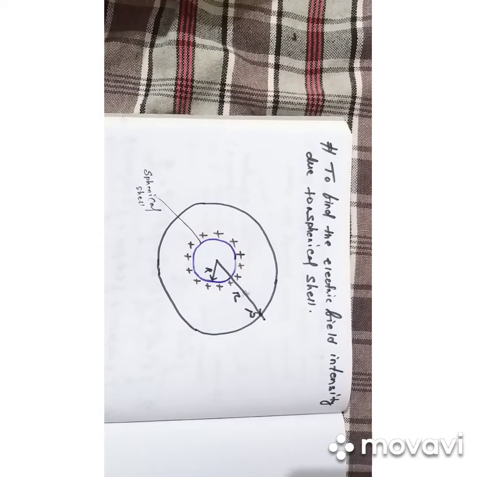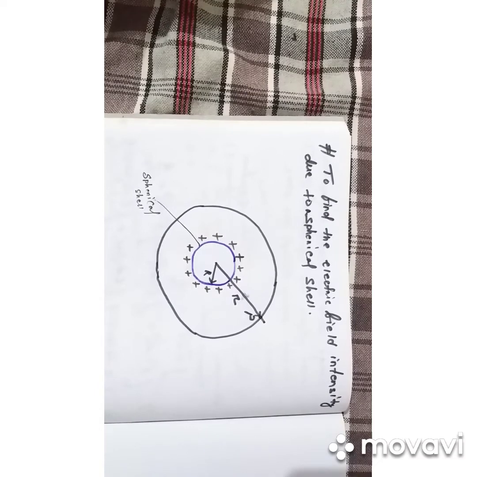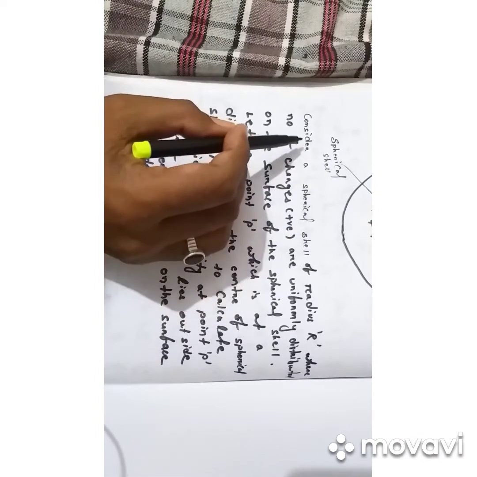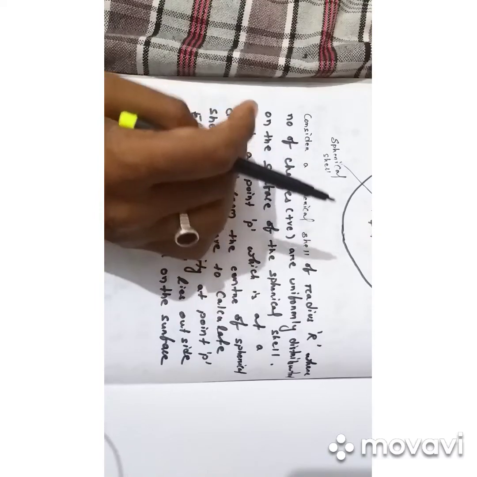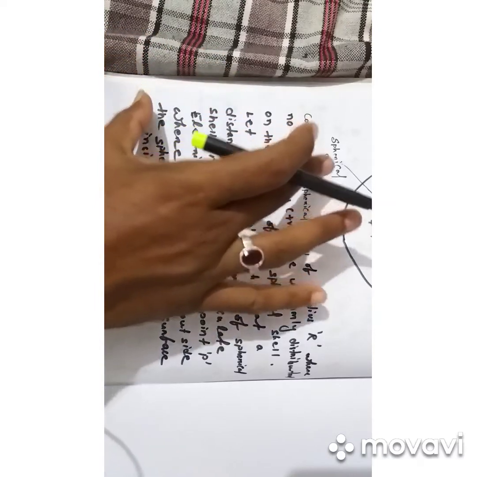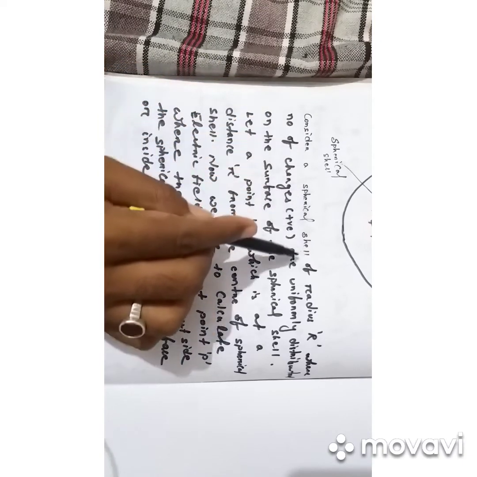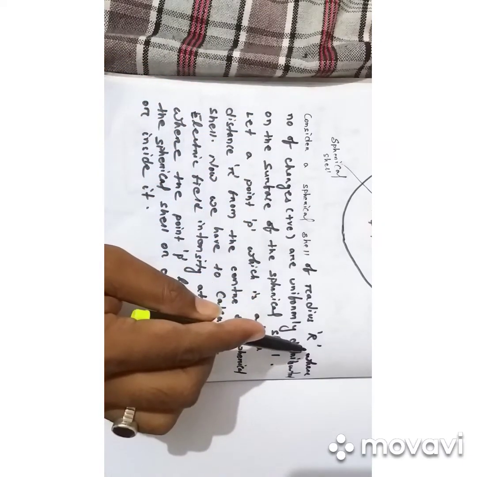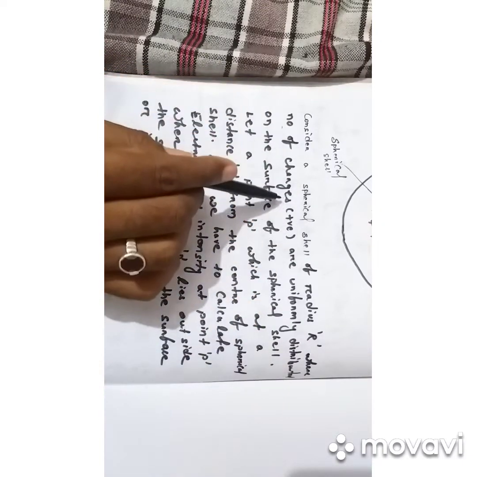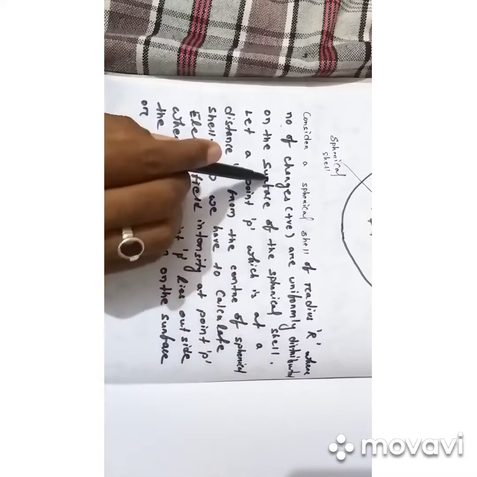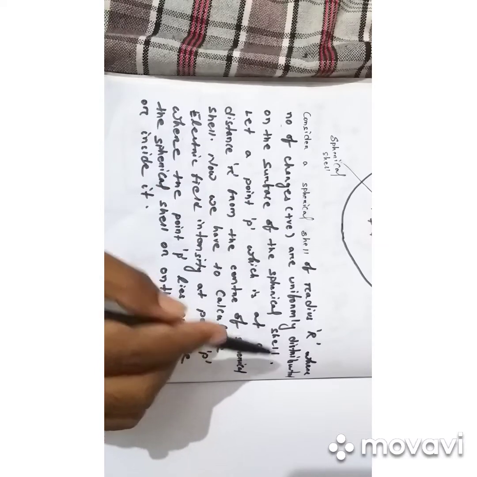Here we write that. Consider a spherical shell of radius capital R, where positive charges are uniformly distributed on the surface of the spherical shell.